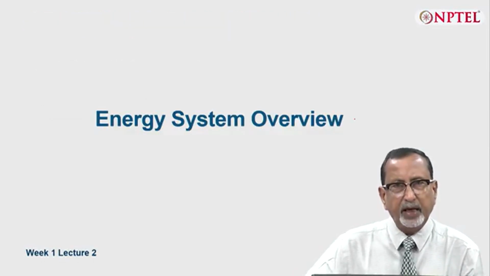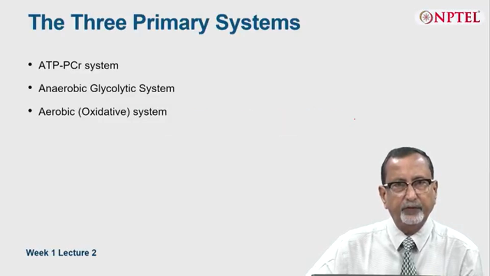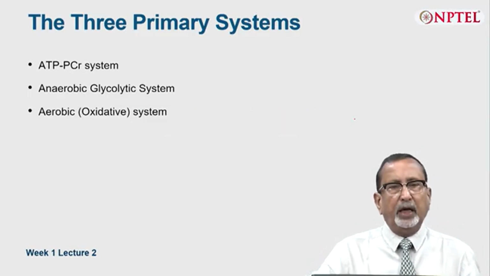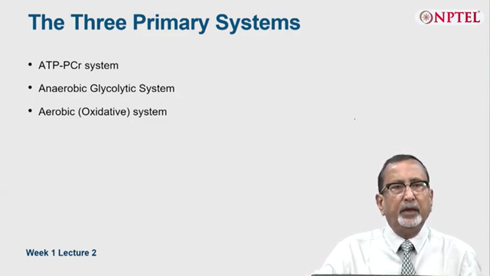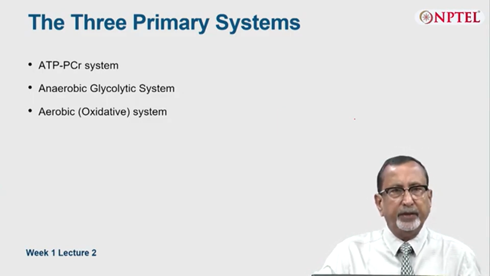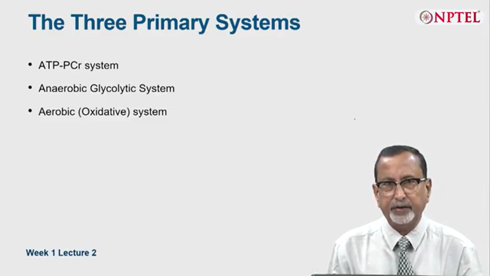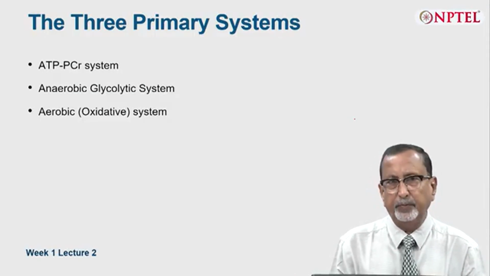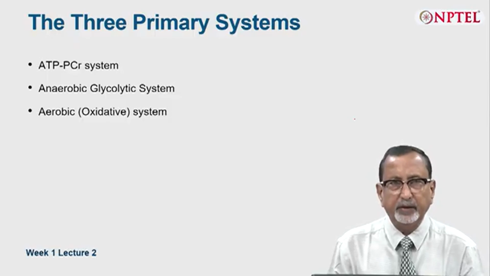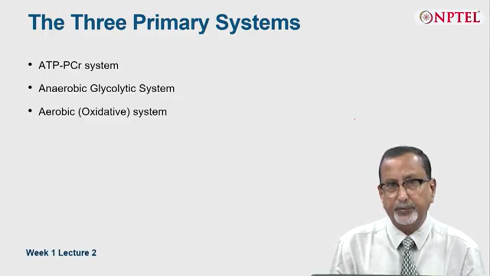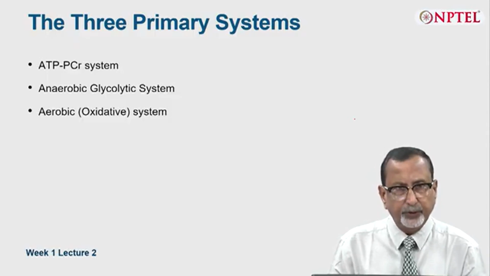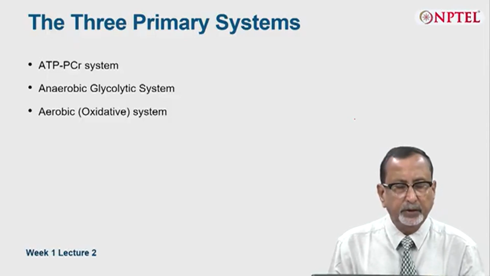Now, we will go and see the energy system overview. There are 3 systems: the ATP creatine phosphate system, which in coaching language I call the sprint system, responsible for high intensity speed work, explosive muscular action.